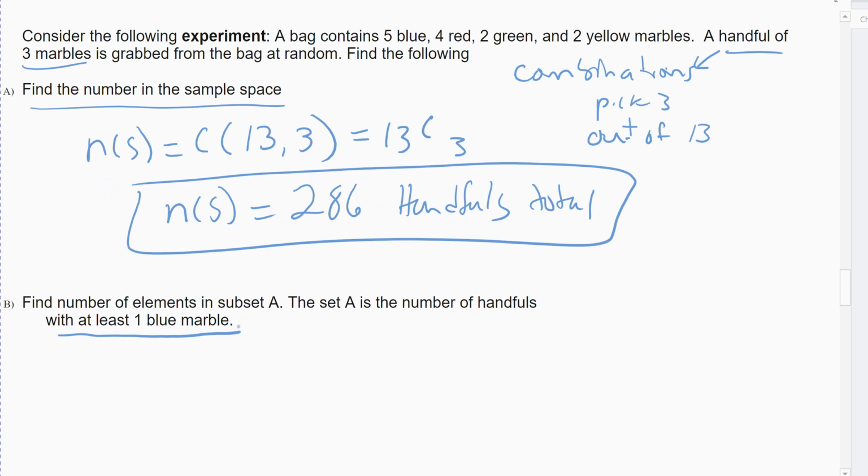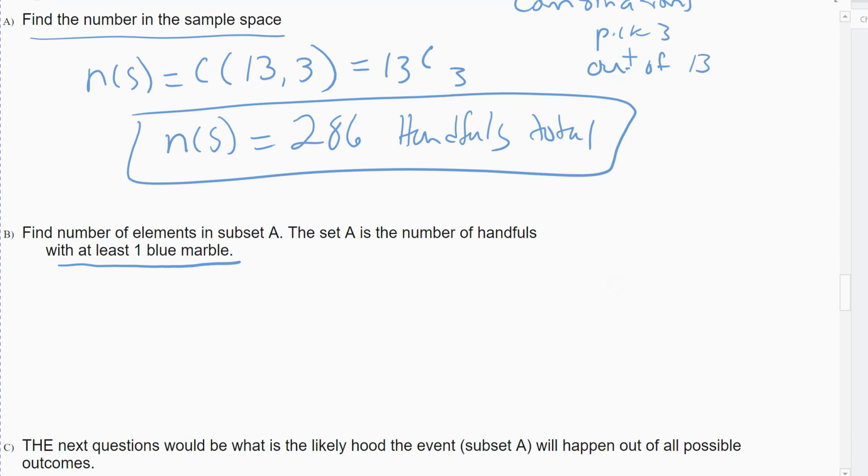Is there the term "at least"? Yes. Subset A is the number of handfuls with at least 1 blue marble. Remember, at least 1 blue means 1 blue or more. So I could get 1 blue, 2 blues, or 3, and you could solve it that way if you want to.